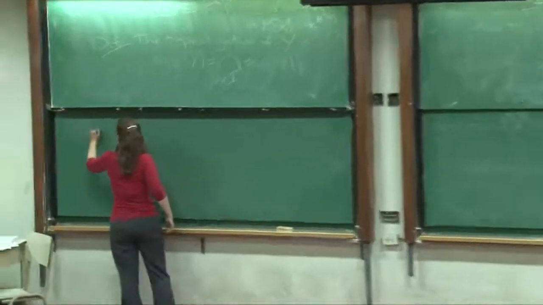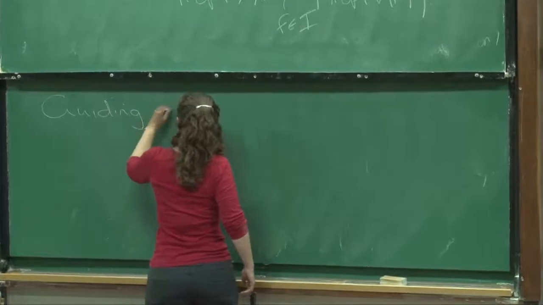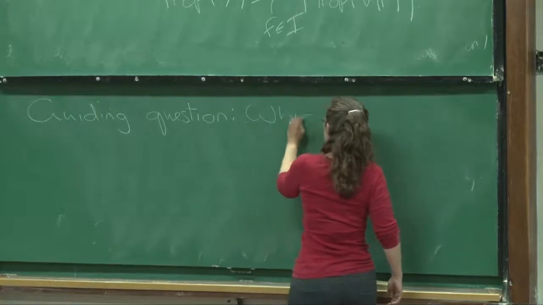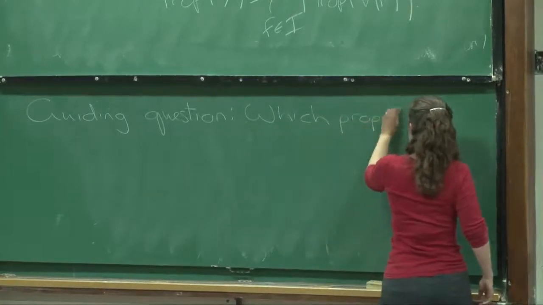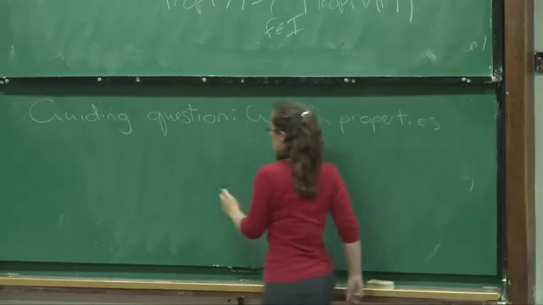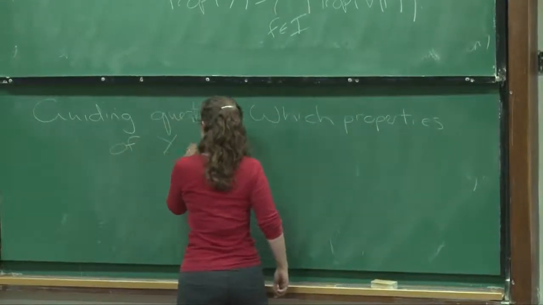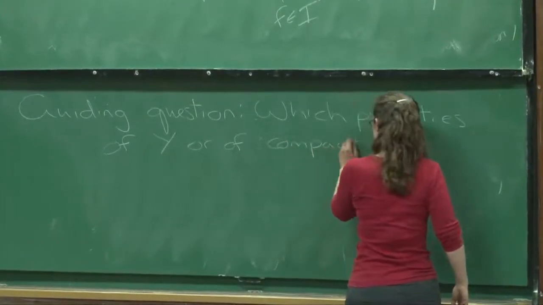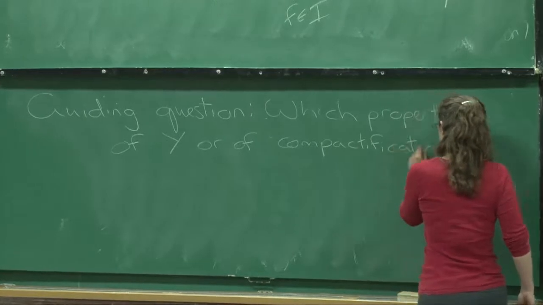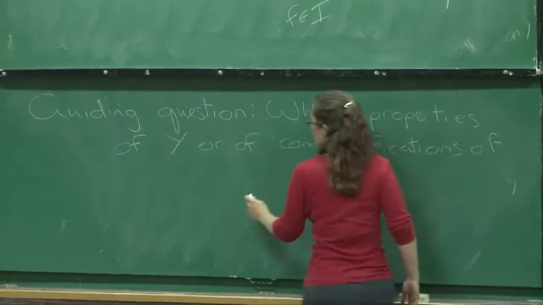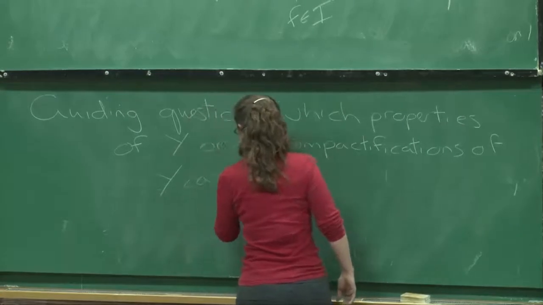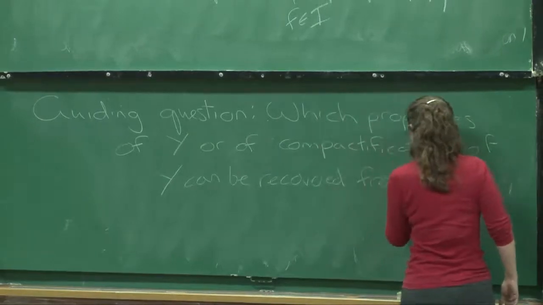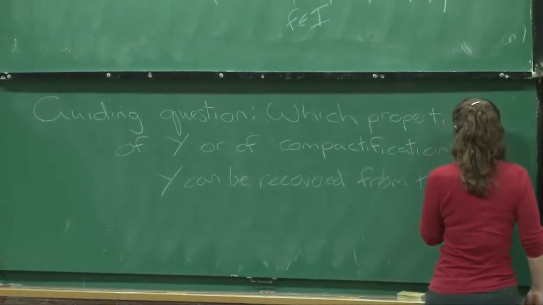So the philosophy, or the guiding question, is which properties of Y, or of compactifications of Y, can be recovered from tropically.